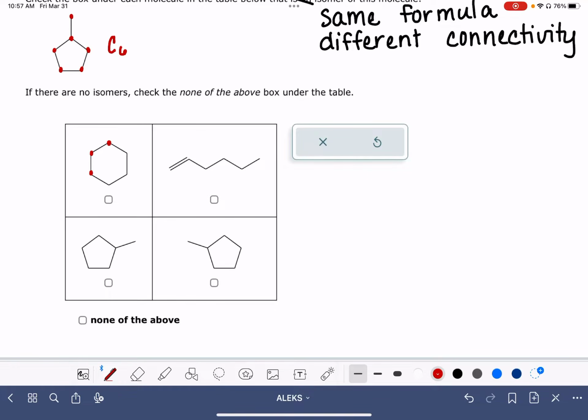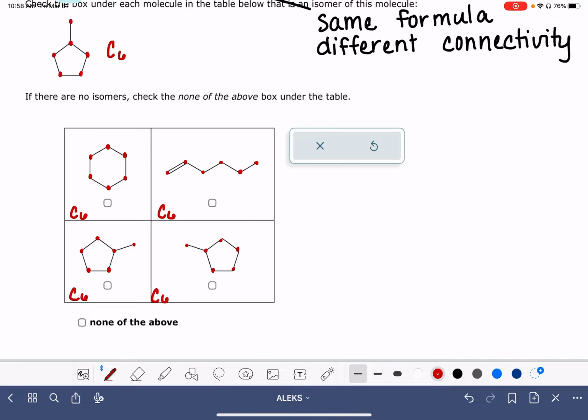This molecule also has 6 carbons, so it's possibly an isomer. This also has 6 carbons, so it's possibly an isomer. It doesn't mean that it is, just maybe. So these all have the same number of carbons.